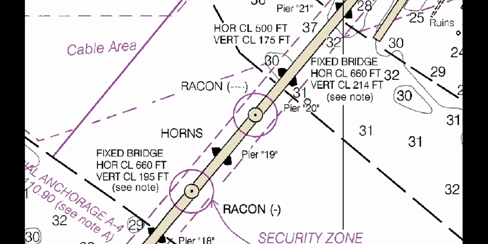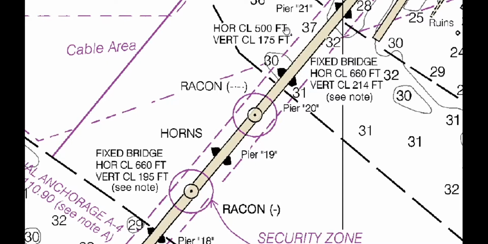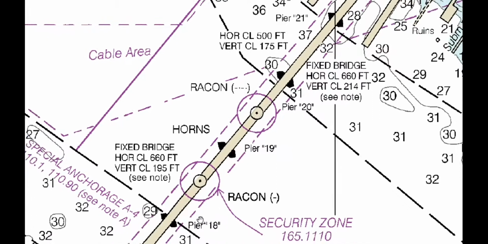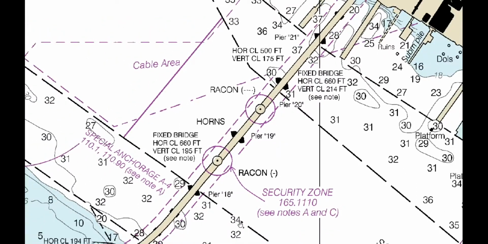The reason that there are multiples is because there are different spans of this bridge. These darker areas here are pylons, so there's different parts of the bridge that I can go under. We can see the outlines of our actual channel that we are supposed to be in. So it's most likely that we would be transiting under one of these two sections.